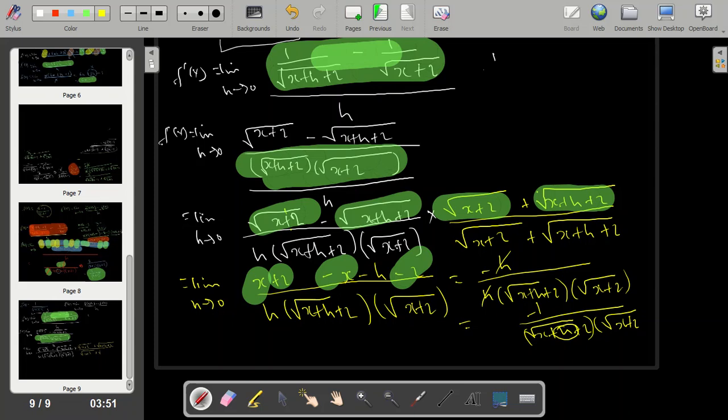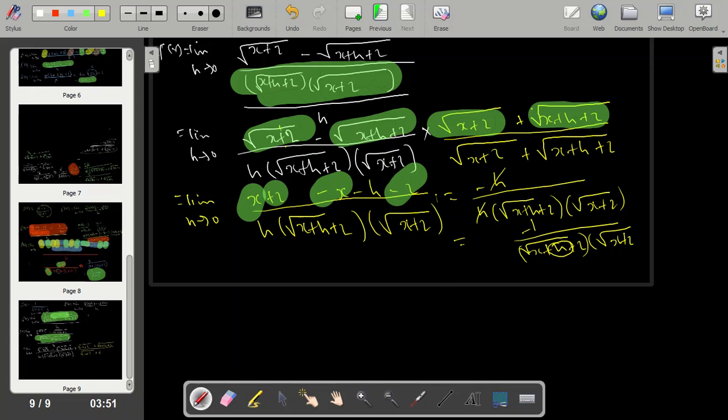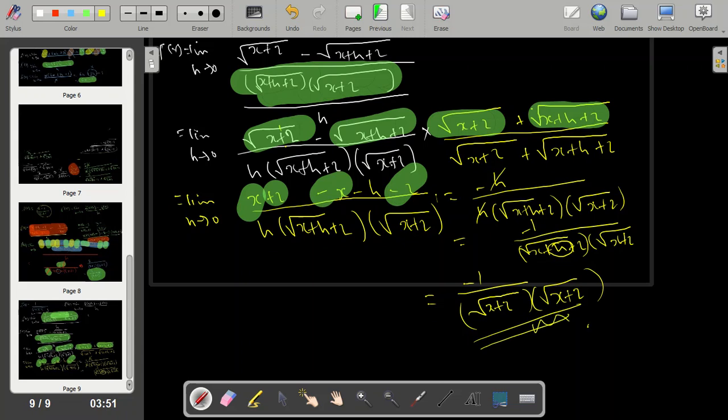So basically what you are going to get as your final answer here is negative 1 over x plus 2 in the square root. So you can end here. That will be the final answer for that problem.